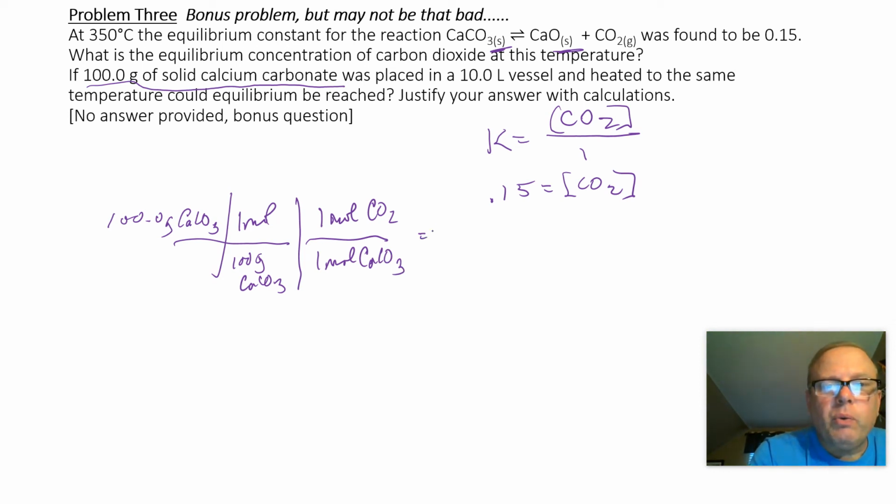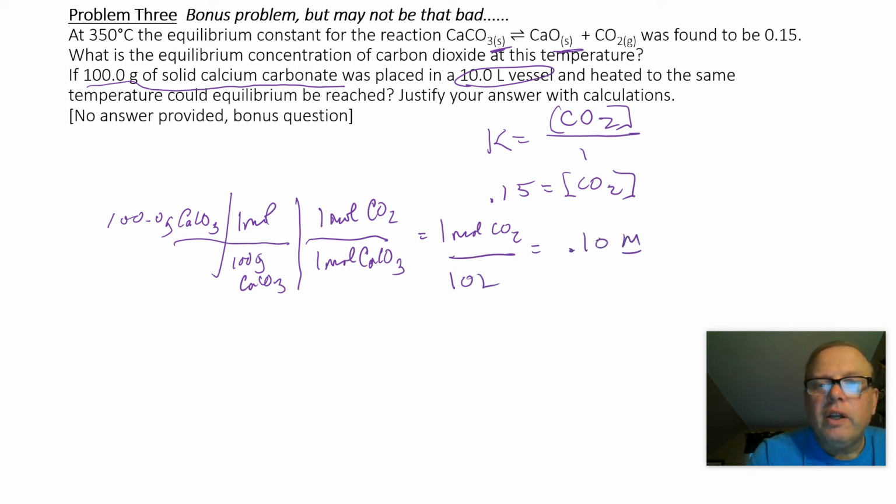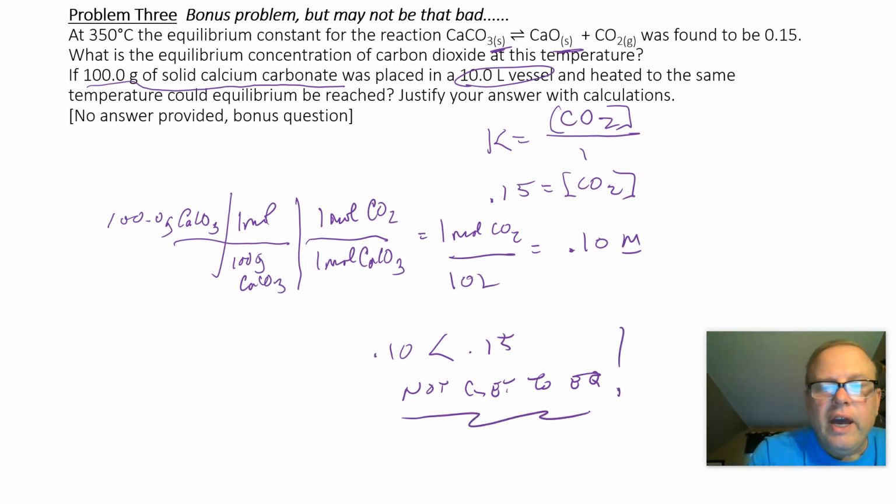What you came out with was 1 mole of CO2. It's a 10-liter vessel, so 1 mole of CO2 in 10 liters gives you a 0.10 molarity. So 0.10 is less than 0.15, so it does not get to equilibrium. And that, my friends, was the answer.